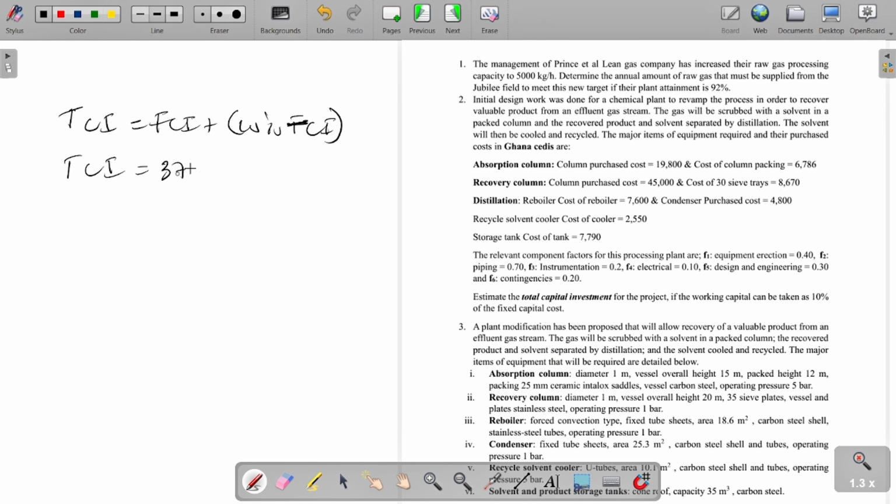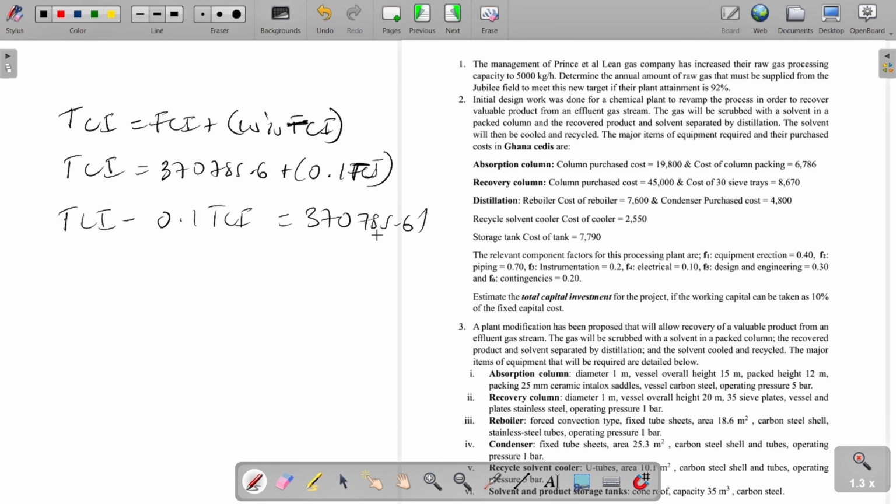we got 370,785.6, plus 0.1 of the TCI. We are solving for TCI now. So it will be TCI minus 0.1 TCI is equal to 370,785.6.